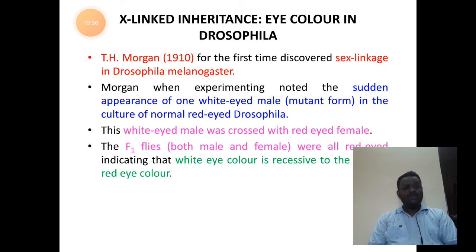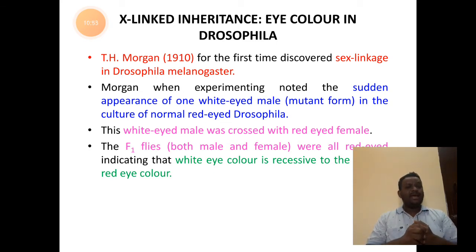Let us now stick to the specific example that is cited in your syllabus. The first one to start is X-linked inheritance with reference to the eye color in Drosophila. This concept was experimentally studied by T.H. Morgan in 1910.